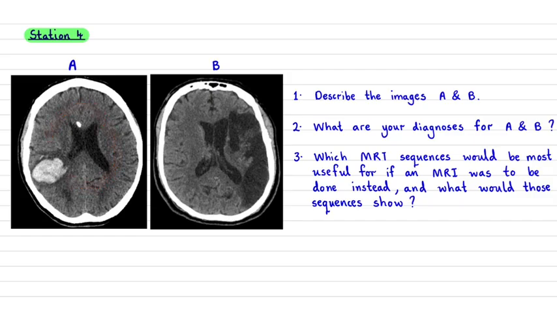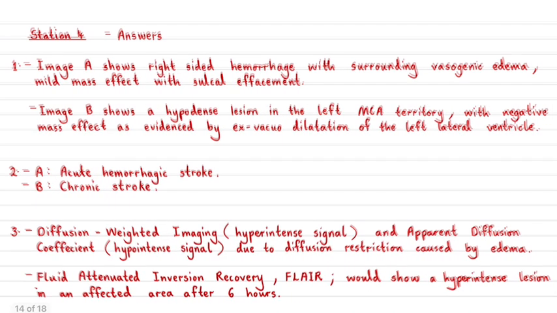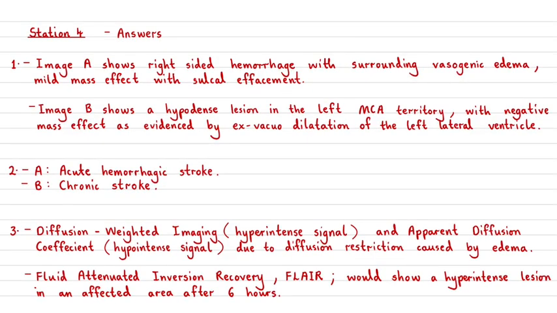And then for number 3, which MRI sequences would be most useful if an MRI was to be done instead, and what would these sequences show? The MRI sequences that would be most useful for stroke detection include DWI and ADC, diffusion weighted imaging and apparent diffusion coefficient. DWI measures diffusion restriction.